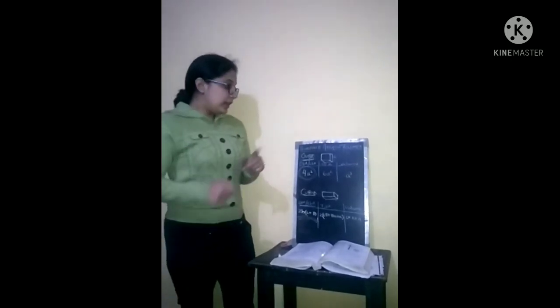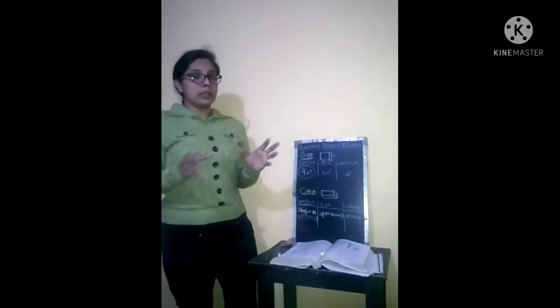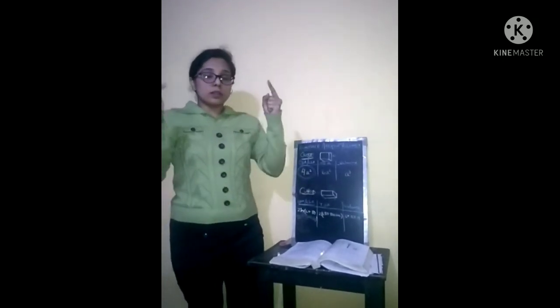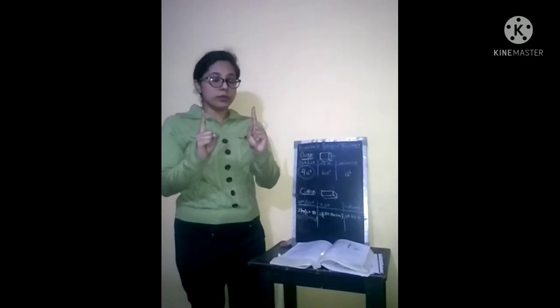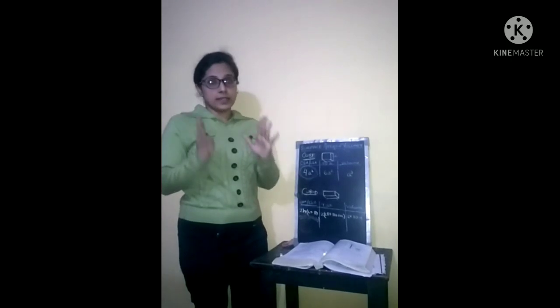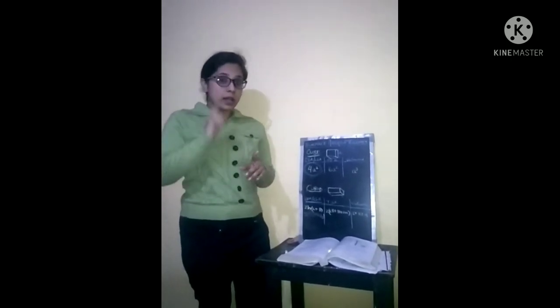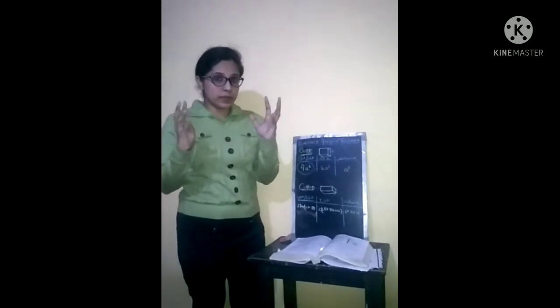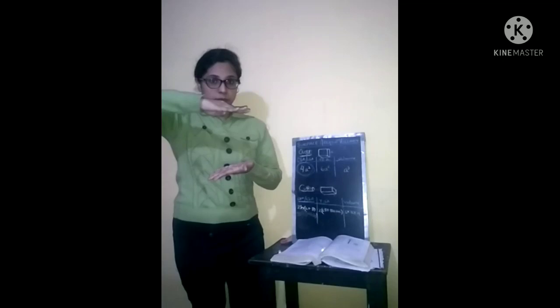Next, if we want to find out the total surface area of a cube, how will we find it? First we will find out the area of 4 walls. Now for the whole surface area we will add the top and bottom to it.